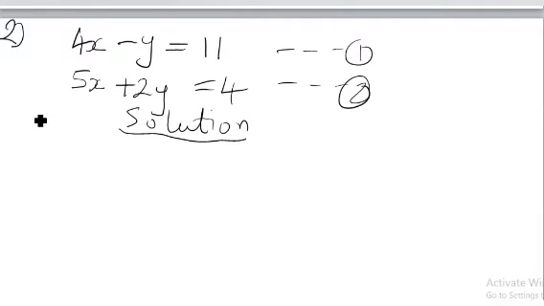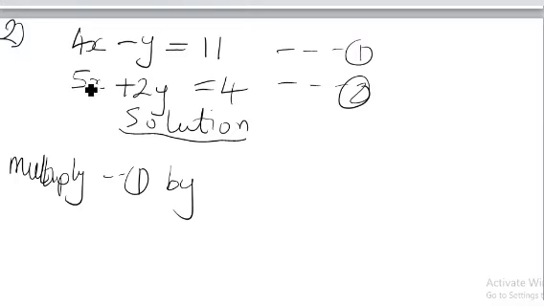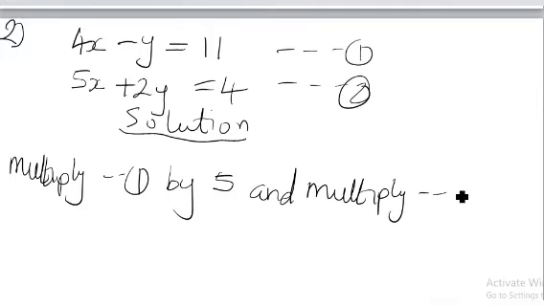So here, I'll multiply equation 1 by the coefficient of x in equation 2, which is 5, and multiply equation 2 by 4.